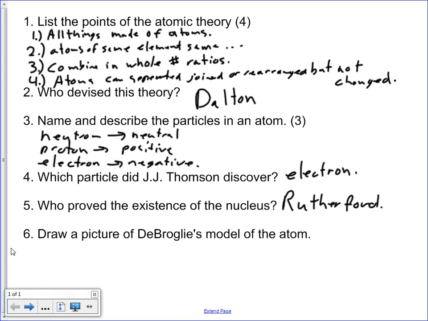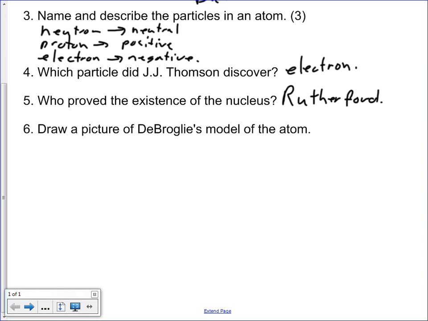And number 6 says draw a picture of de Broglie's model of the atom. If they have something like that is the nucleus, showing that they know the protons and the neutrons are in the nucleus, and they should have the same number of electrons around the outside, or they have cloud written around the outside, that would be fine too.